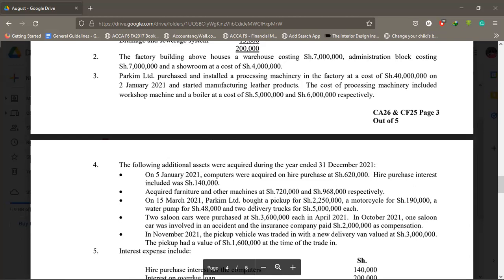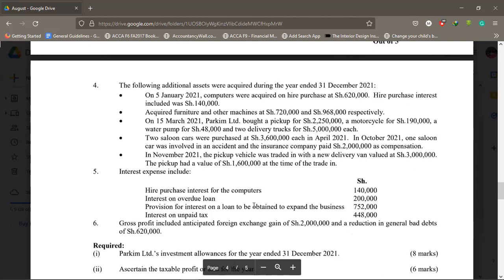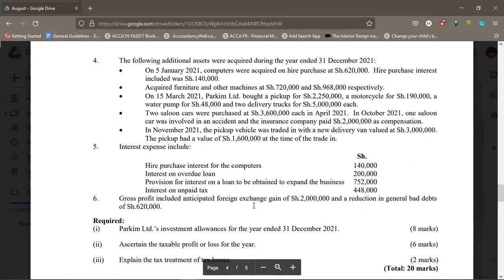Gross profit included anticipated foreign exchange gain of shillings 2 million and a reduction in general bad debts of shillings 620,000. Required Pakim Limited's investment and allowances for the year ended at 1st December 2021. Ascertain the taxable profit or loss for the year.